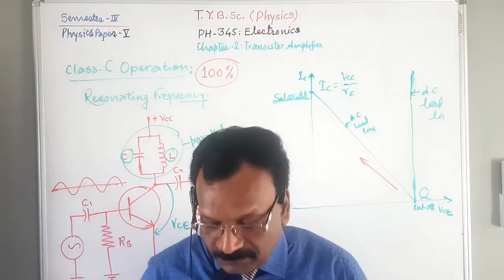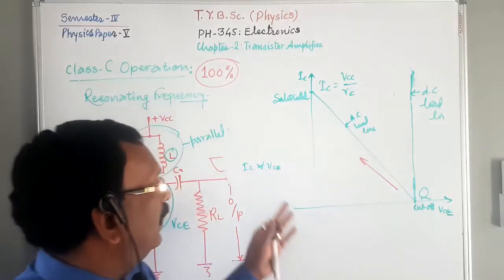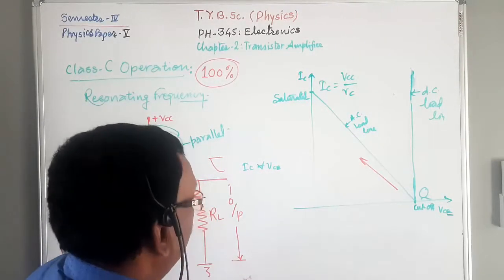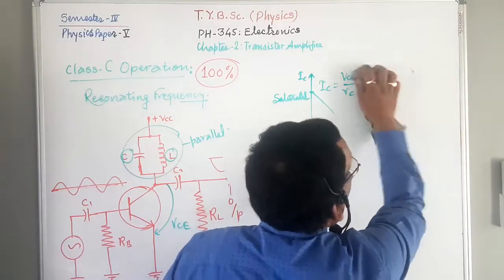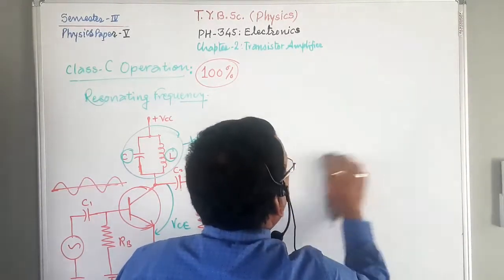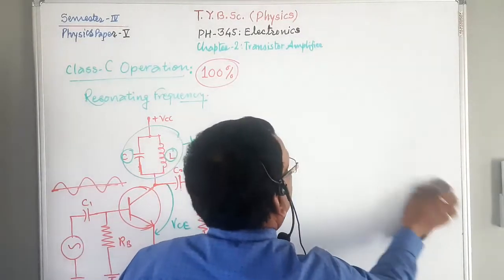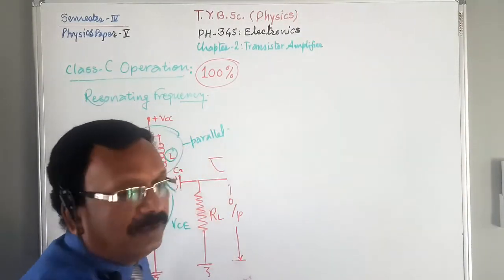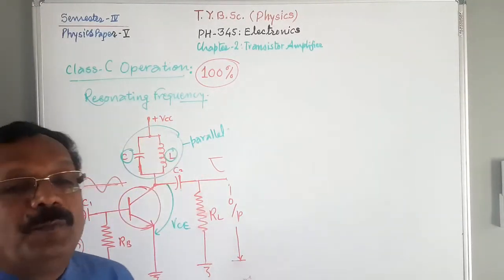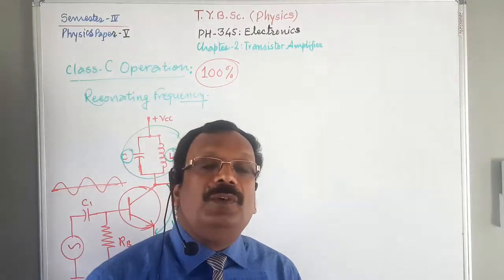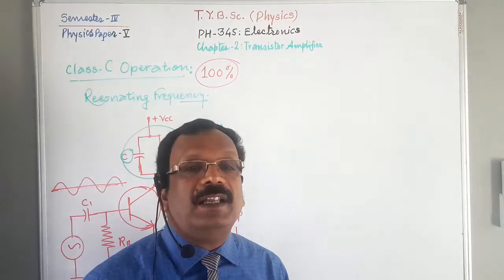Now we are going to see some important formulas regarding this circuit, because a variety of problems may be asked on the class C amplifier. In order to solve problems regarding class C operation, we should know which formulas are essential.